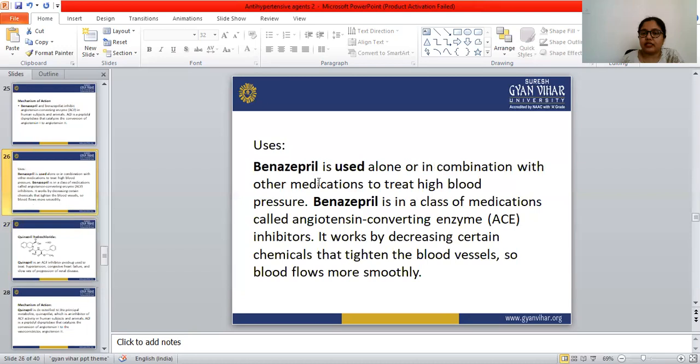It works by decreasing certain chemicals that tighten the blood vessels, so blood flows more smoothly.